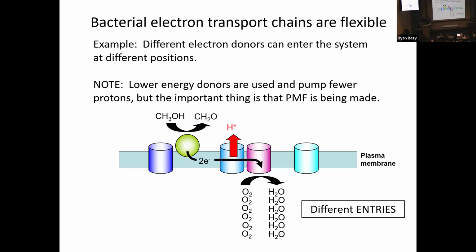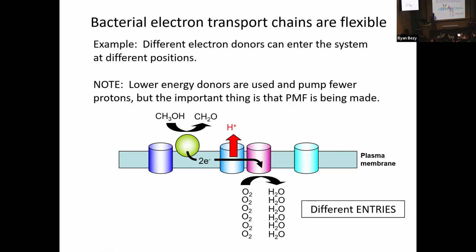Well, biological organisms do need to diversify as well. You don't want to count on only NADH. You don't want to put all your eggs into the NADH basket, because if you run out of NADH for some reason, the cell is going to be in trouble. So it turns out you can have different electron donors. NADH is a very common electron donor to electron transport chains.